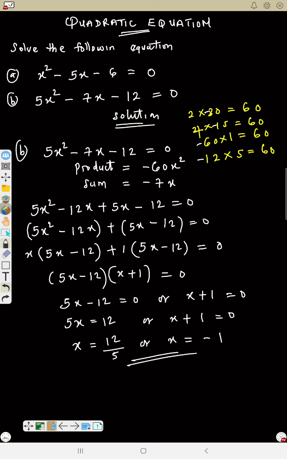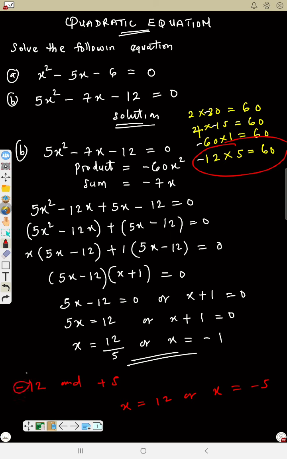Now if we use the short method here, we'll see that the two factors we use are minus 12 and plus 5. Now I said you will change the sign. This minus will change to plus, so s will be equal to 12 or s is equal to 5. The sign here is plus, it will now change to minus, or s is equal to minus 5.